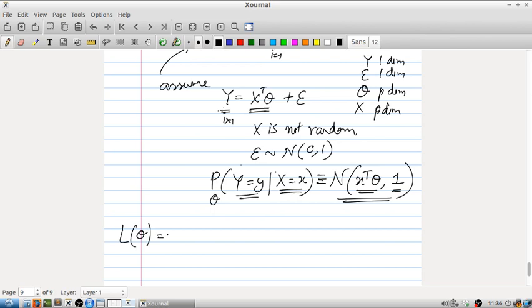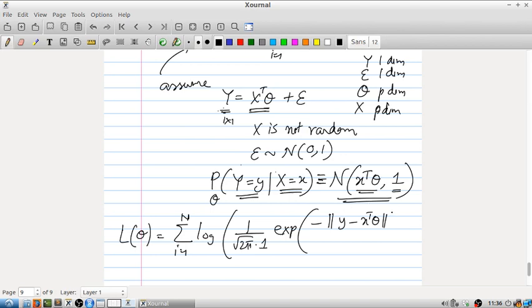L of theta, okay. For this, there is a sum over i equals 1 to n, and there is a log of probability p theta, right? So let me write the log of the probability under theta that y takes a value y and x takes a value x. Okay, so that's going to be 1 by square root 2 pi times 1, e to the power minus (y minus x transpose theta), because that's the mean.